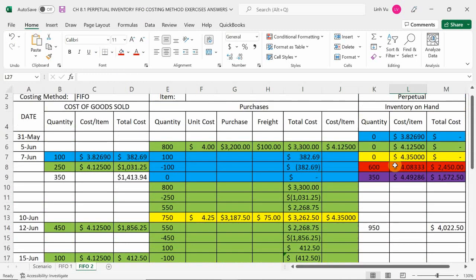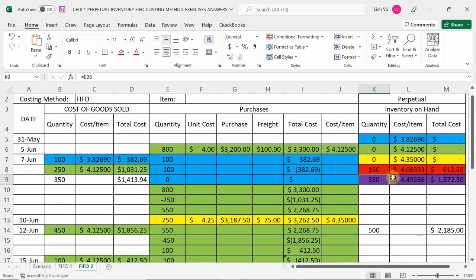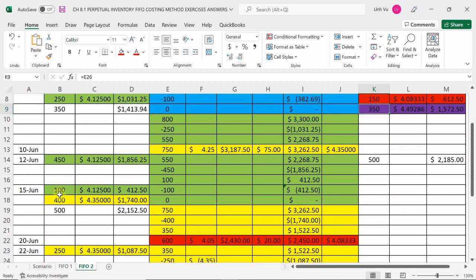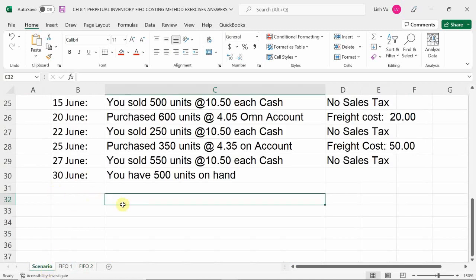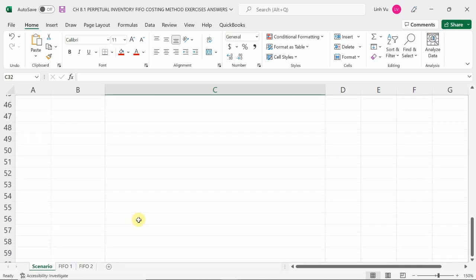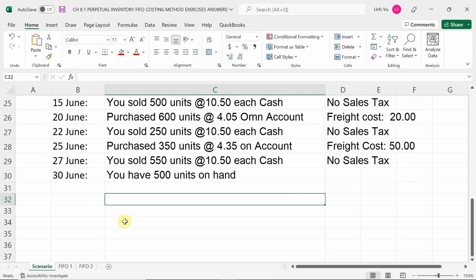So therefore, let me update my inventory because now I only have 150 left at 612.50, and now I have a total of 500 units left remaining. And let's check out what my scenario says. It says here that on June 30th, you should have a total of 500 units left on hand, and we do. Yay. So, any questions in regards to periodic FIFO?